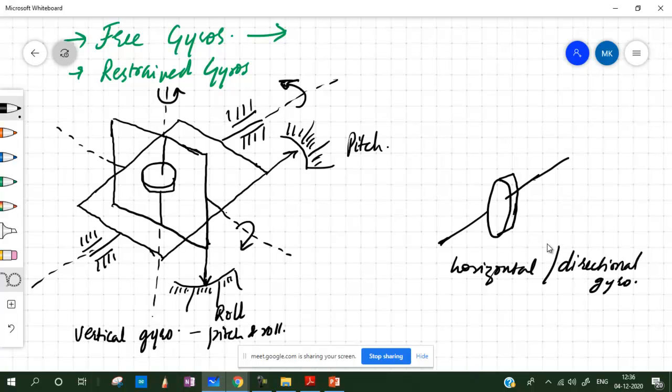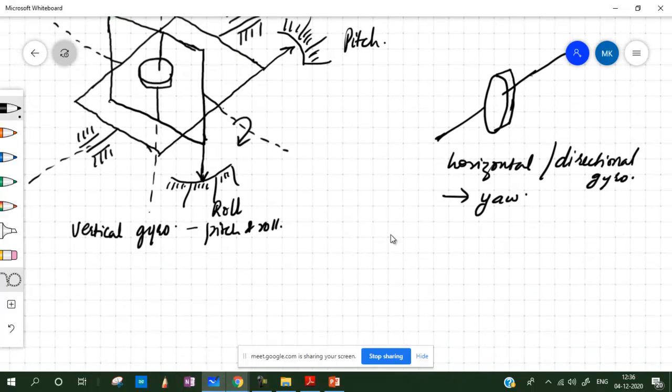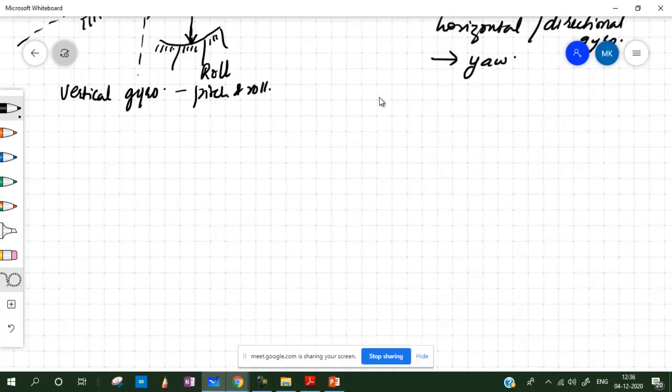And in this case it is again used for measurement of yaw, though we can measure another one also, because with every free gyro we can measure two. So generally two free gyros are the minimum to be used in the measurement of the three rotations of any rigid body in space.